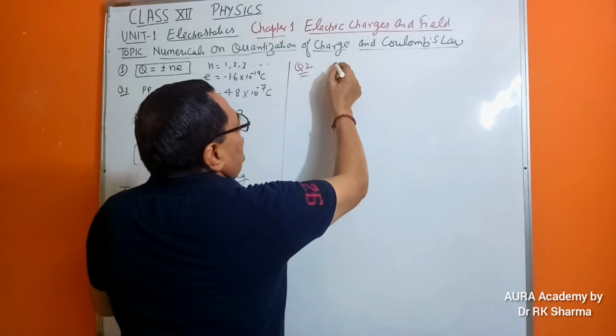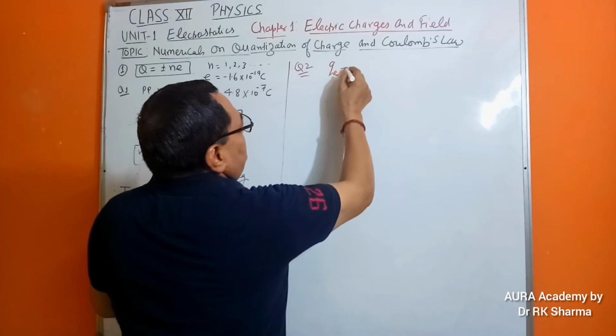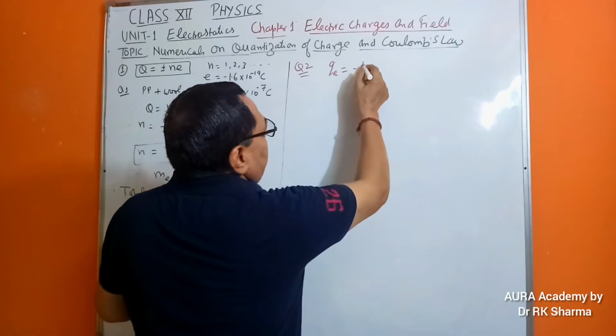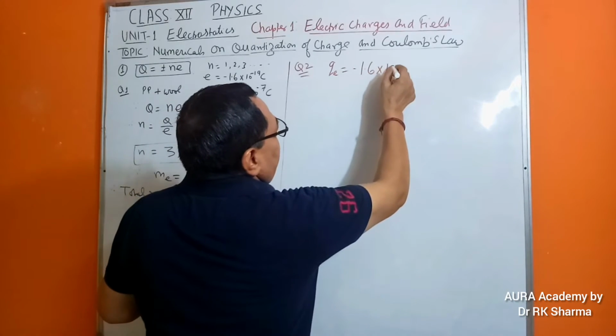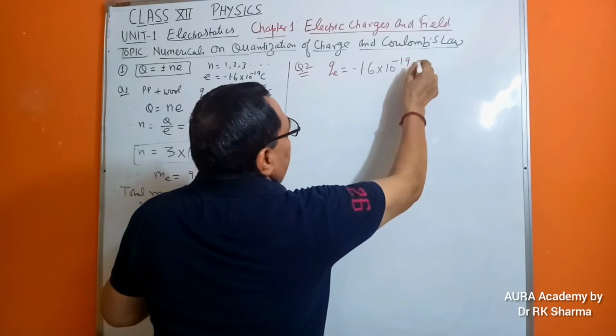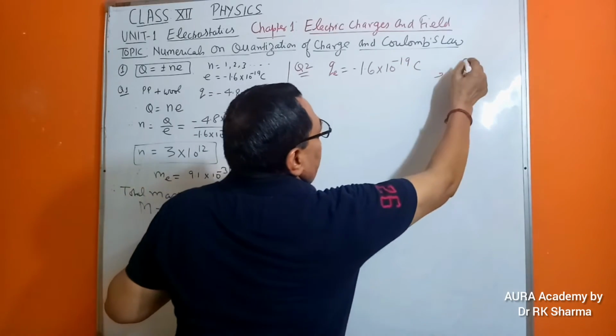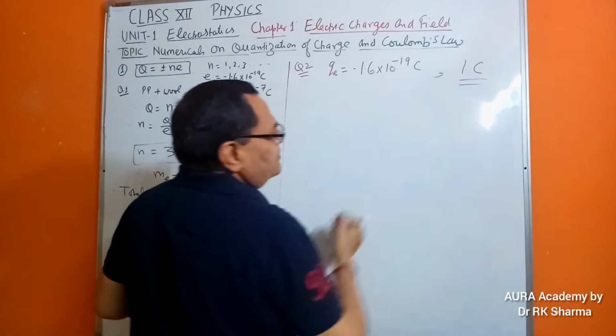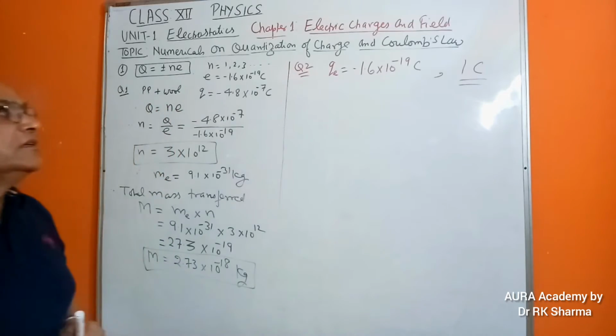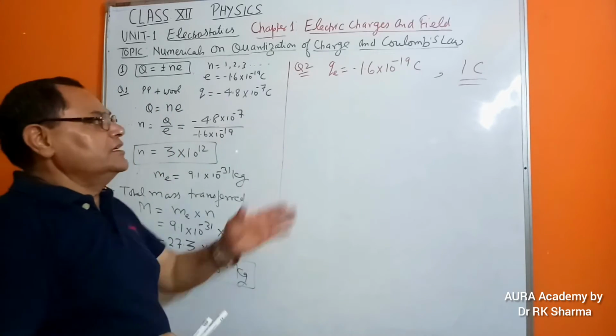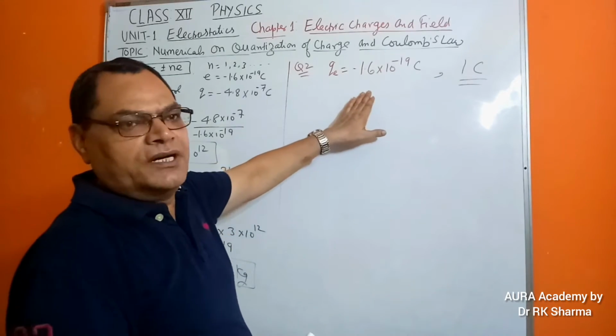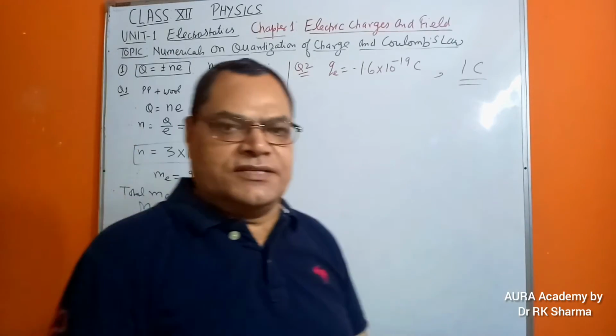The charge on an electron, Qe, we just wrote, is 1.6 into 10 to the power minus 19 coulomb, and on the other side there is a 1 coulomb charge. Very simple question, but don't dismiss it, it has already been asked in CBSE.